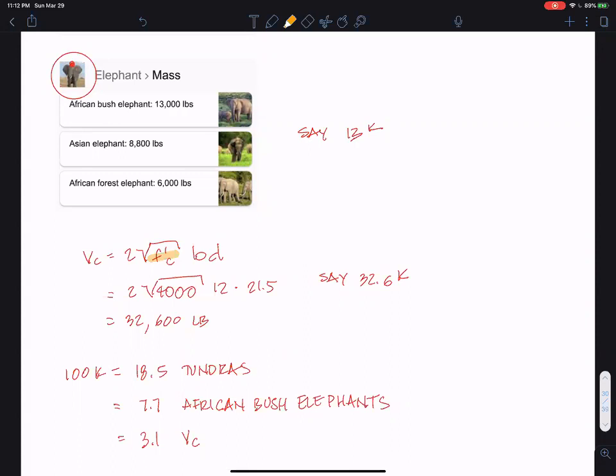What this means is that 100 kips, you could say that's 18.5 Tundras, 7.7 African bush elephants, or 3.1 Vc's. We're going to use Vc as a unit of measurement when we talk about shear strength and shear design.